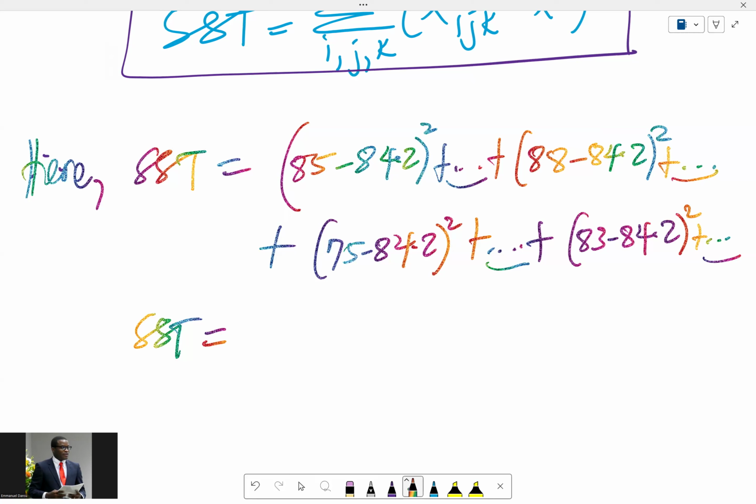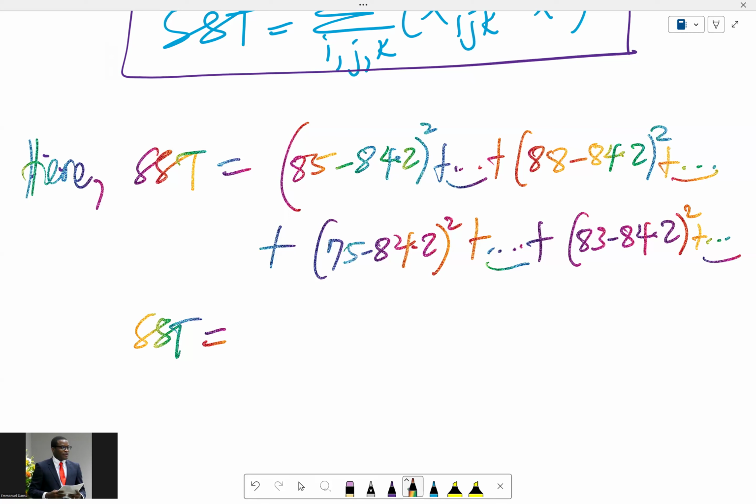Next, we have 89. 89 minus 84.2 squared. Then I have 85. That's just halfway.